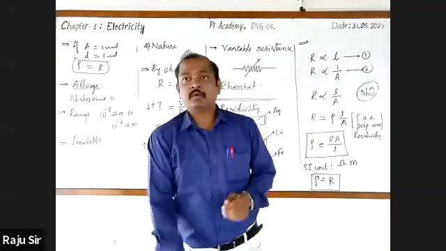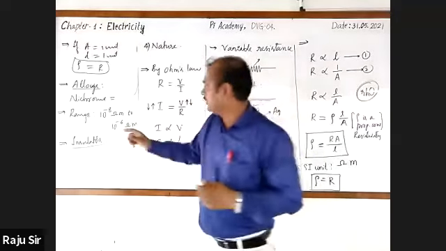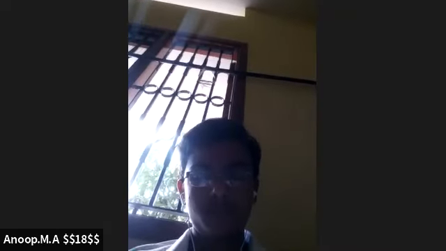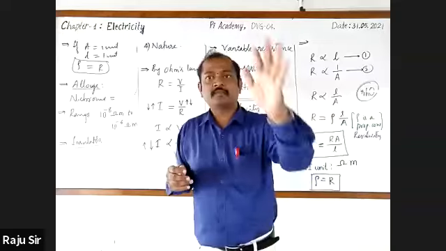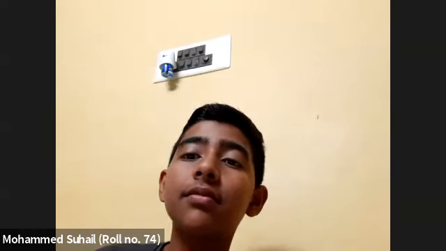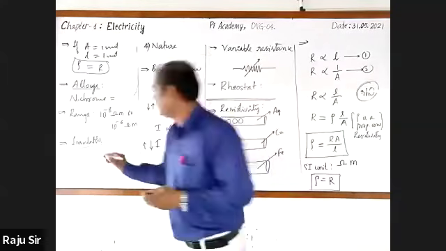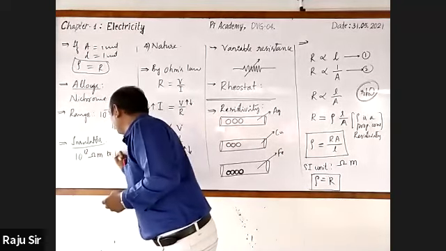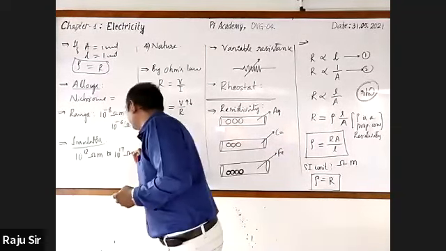Now you tell, what will be the resistivity of the insulator? Will it be more than the alloys or less than the alloys? More than alloys, sir. So, the range of resistivity of insulators can be written as 10 raised to the power 12 ohm meter to 10 raised to the power 20 ohm meter.